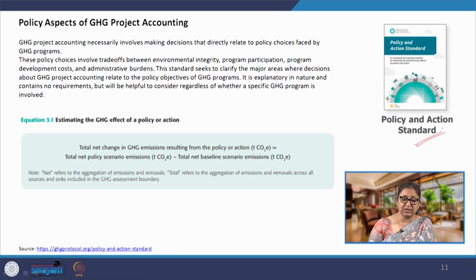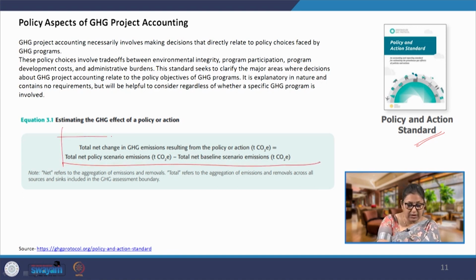Now, if we are talking about the policy aspects in this particular standard, which is about policy and action, as I was mentioning, it is accounting and reporting for the impact of the policy decision directly on the GHG emissions that are taking place. As I had given you the example, there are several examples that you can think of, and all we are doing is this.